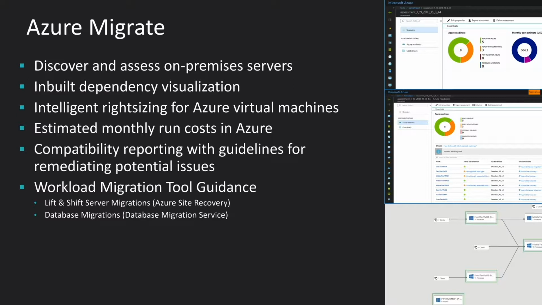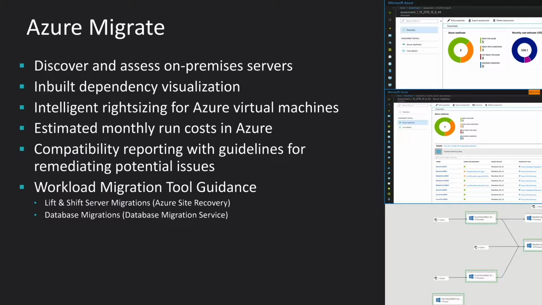It allows us to visualize dependencies, so we can see if a particular server is calling out to any other servers, or has connection strings for applications or databases. We can find out what the knock-on effect is going to be, or how many servers we need to migrate in one go, ahead of time, before we break something in the environment and suffer the consequences at a later date.